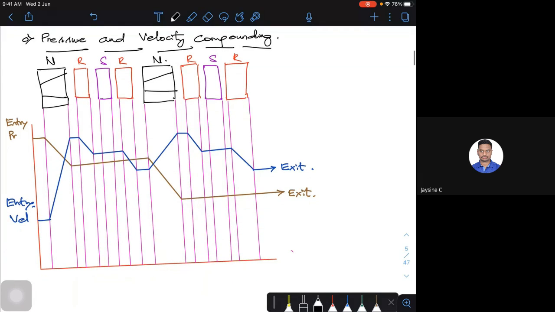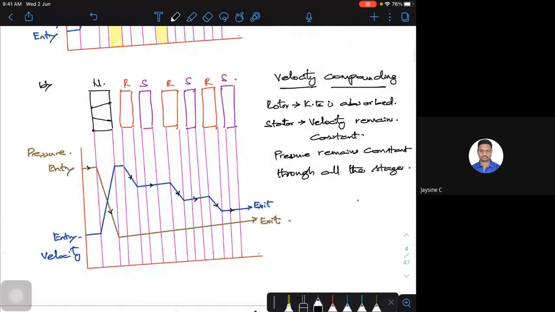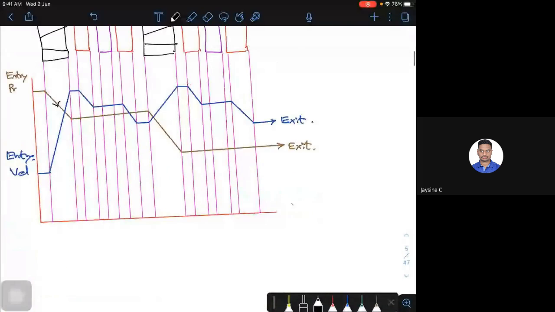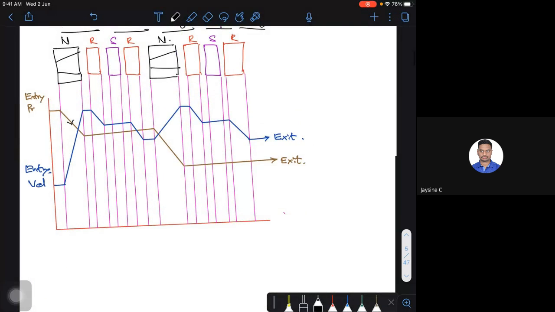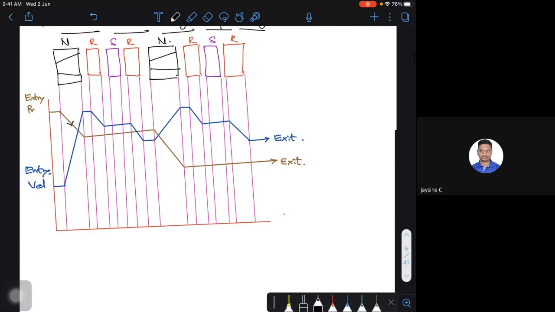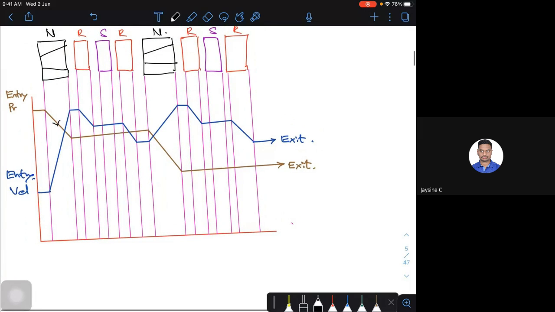This is the pressure entry. The pressure decreases, that means the pressure drop takes place in the nozzle and it remains same, just like velocity compounding. Then it goes down to the next possible pressure, maybe atmospheric or whatever it may be, then it remains same.